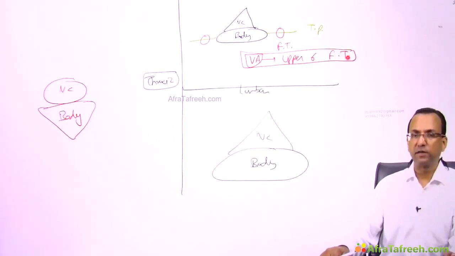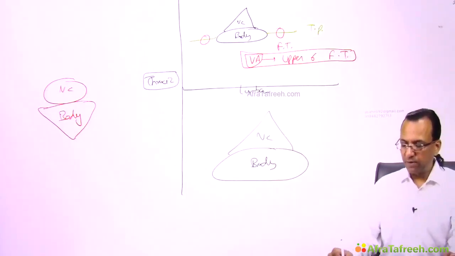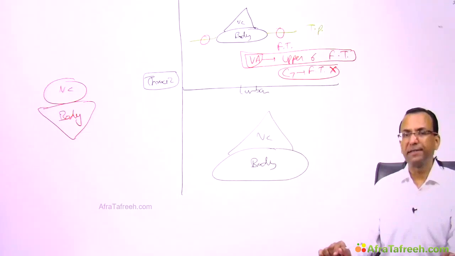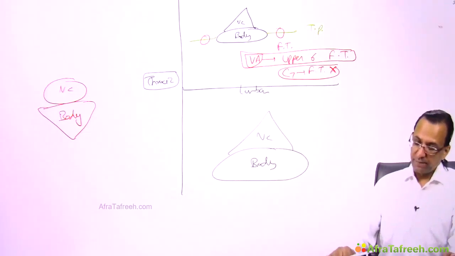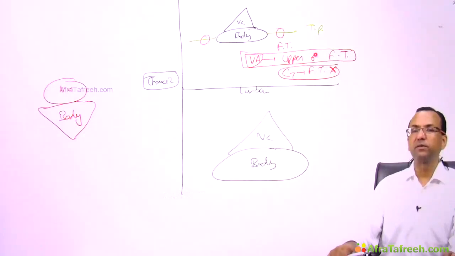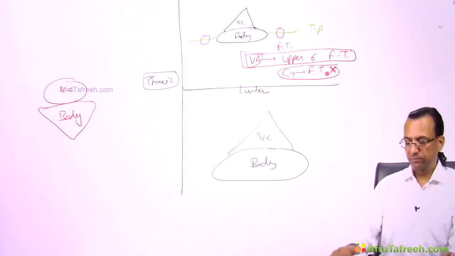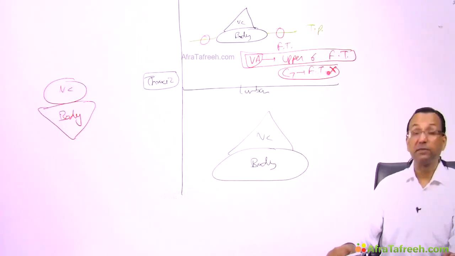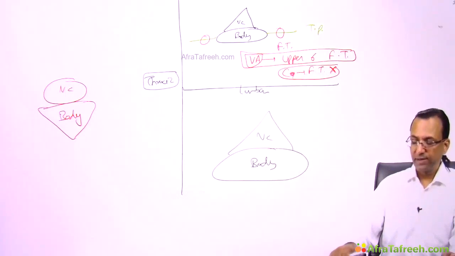Yes, before it enters the cranial cavity. The C7 vertebra has a foramen transversarium but no artery inside. Oh, there are 7 cervical vertebrae? Yes, there are 7. But the vertebral artery passes through the upper 6 foramen transversaria. C7, the lowermost, has a foramen transversarium without artery inside. So there is no artery inside the foramen transversarium in C7. Yes, usually it does not have the vertebral artery inside.